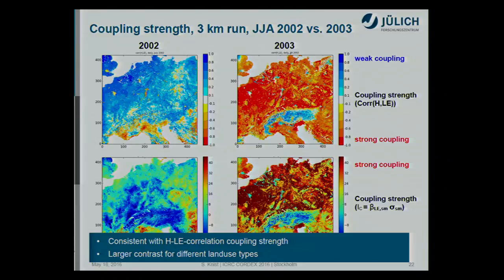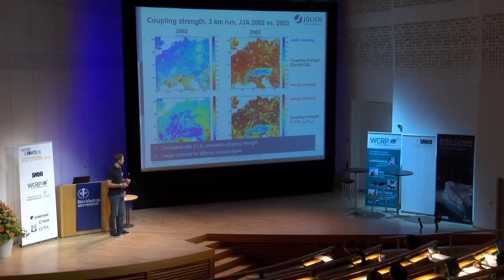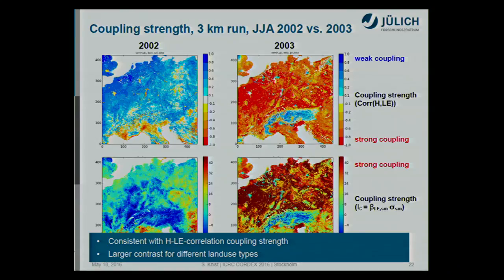What you can see here in addition is a stronger contrast between the individual land surface types. So the strongest coupling you can see here for areas with grasslands or crop compared to areas with forest, for example, where the coupling is a bit weaker.